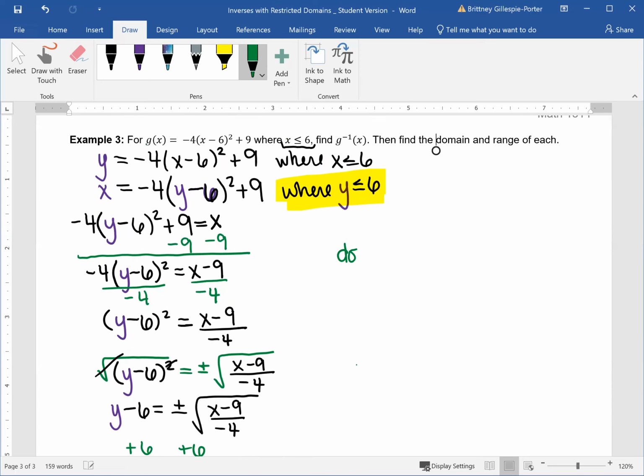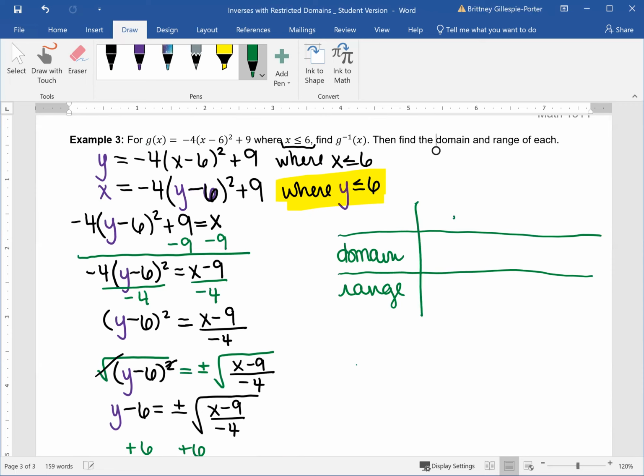Next, we need to do the domain and range of both our original and our inverse. I'm going to go ahead and give myself my little chart again. If you don't want to do the chart, you don't have to. It's just a way to keep your work organized. So then if we are looking for the domain of the original, they actually gave it to us in the problem already.